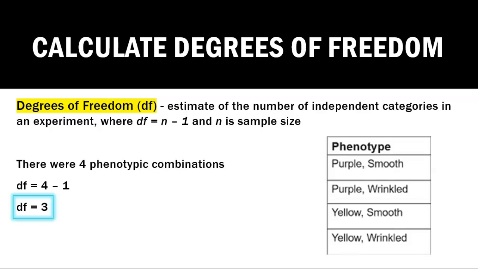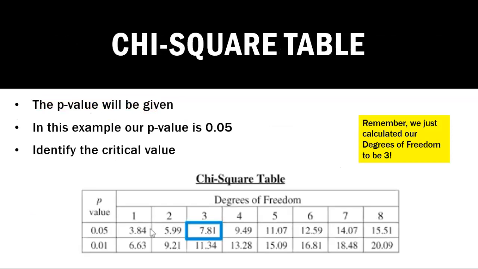Well, 4, because I had 4 possibilities of phenotype. My first one, purple and smooth. Second, purple and wrinkled. Third, yellow and smooth. Fourth, yellow and wrinkled. Therefore, 4 minus 1 equals 3, and my degrees of freedom are 3. Well, where am I going to use this? You're going to use this when looking at your chi-square table, okay?